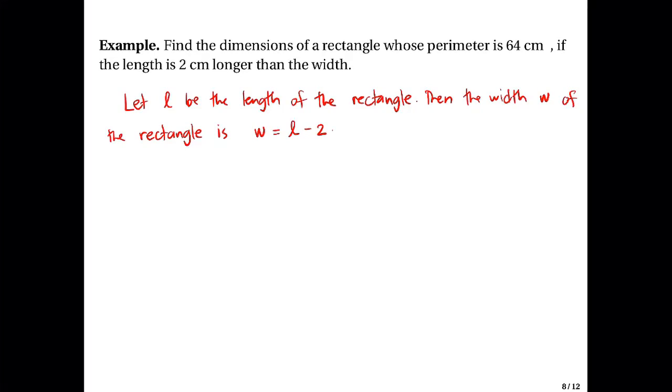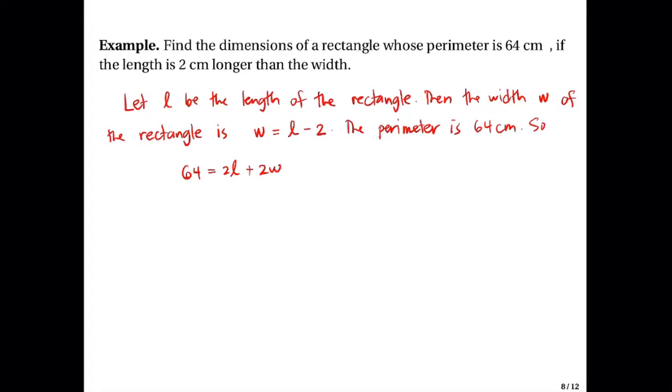Now, the perimeter of this rectangle here is 64 centimeters. So we have 64 equal to 2 times the length plus 2 times the width.